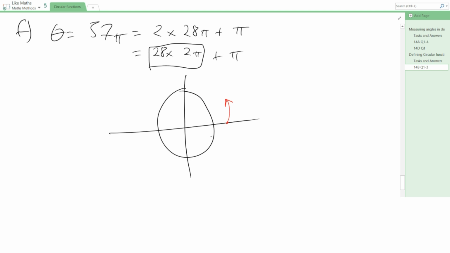So we go around 28 times, back to where we started, and then a pi rotation, which is half a rotation, brings us to here. So y is 0, x is minus 1, y is given by sine of the angle, x by cos of the angle.